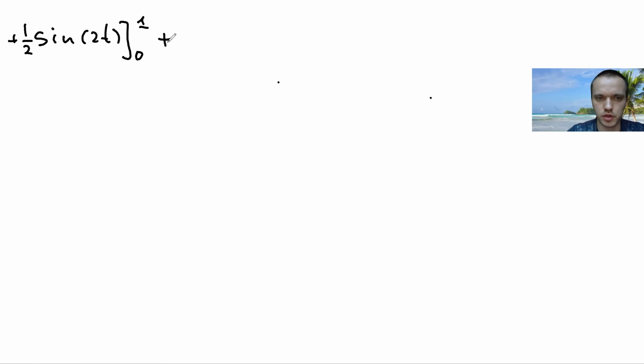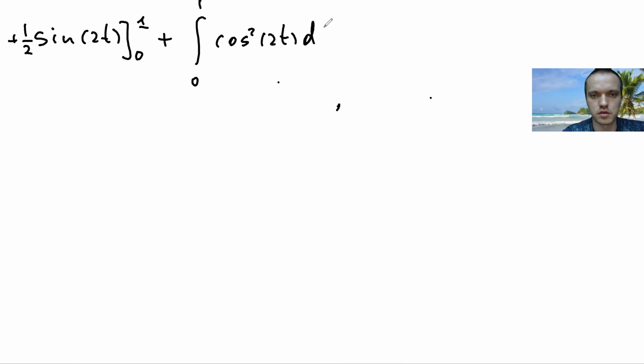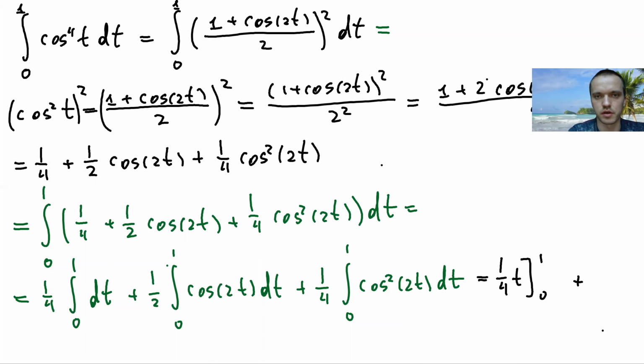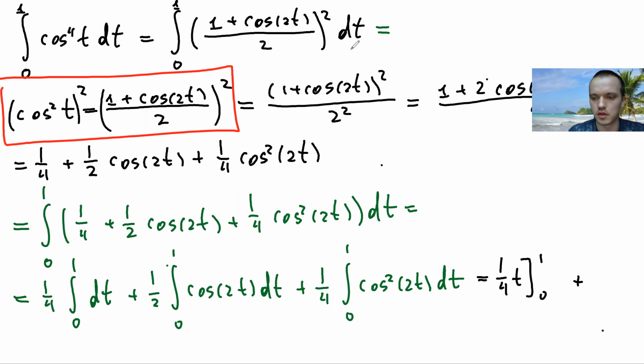And the next one is the integral from 0 to 1 of cosine squared of 2t dt. To solve the last integral, I need to apply this rule over here one more time. So first, the integral is going to give me the factor of 1/4.